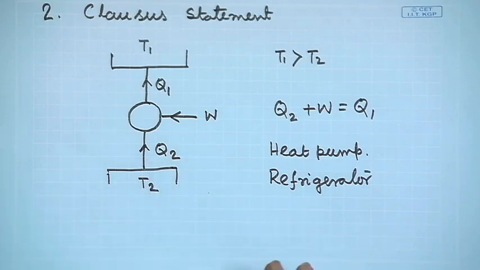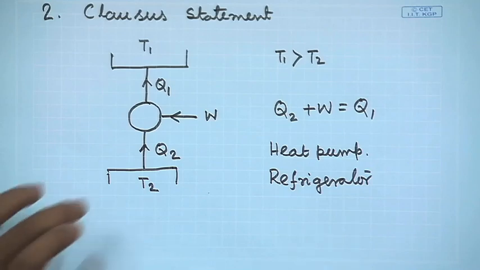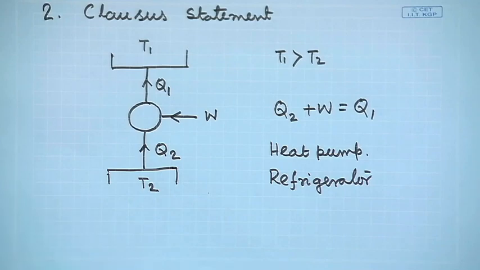But at the same time I can have a different outlook also. So, this can also be called a heat pump, because as by a pump we pump water from a low level to a high level, here also by this device, providing a certain amount of energy input in the form of work from outside, I am pumping heat from a low temperature body to a high temperature body.